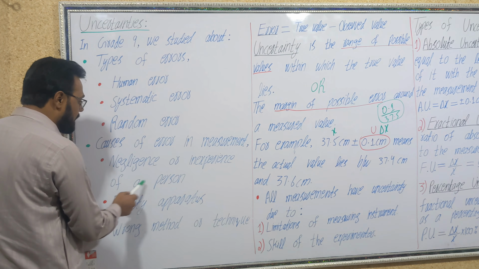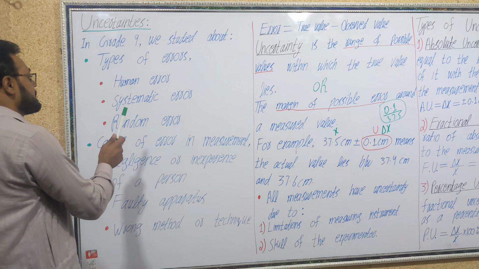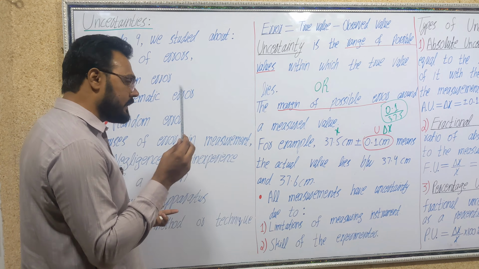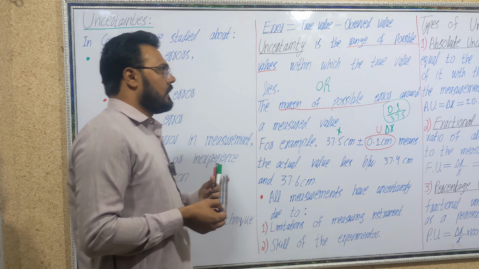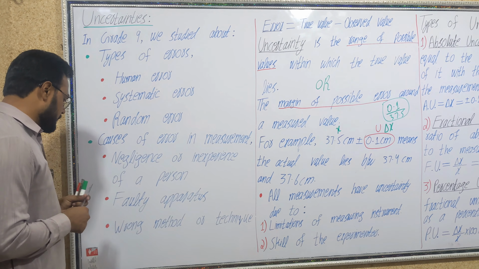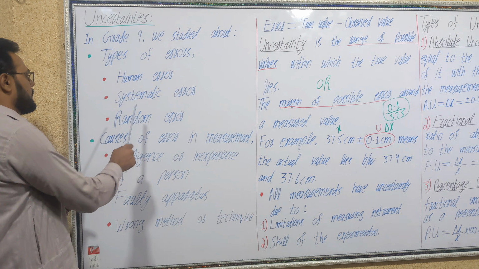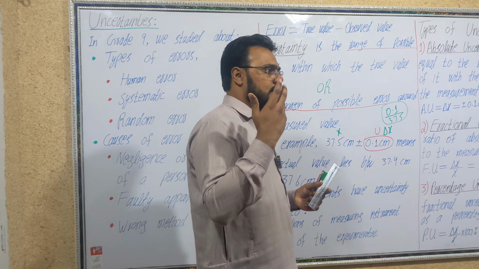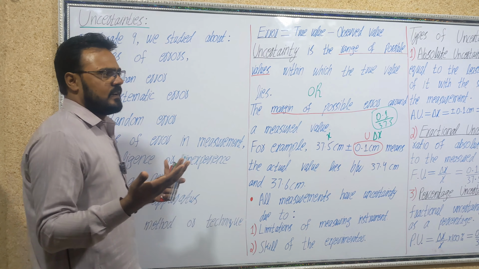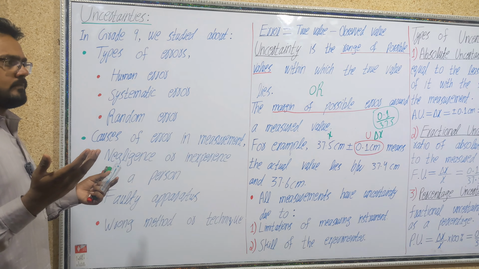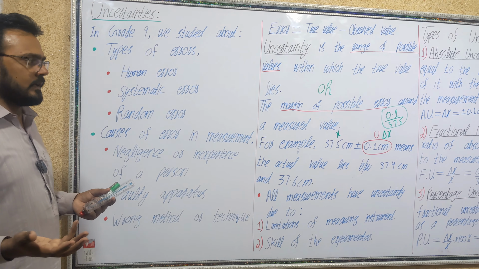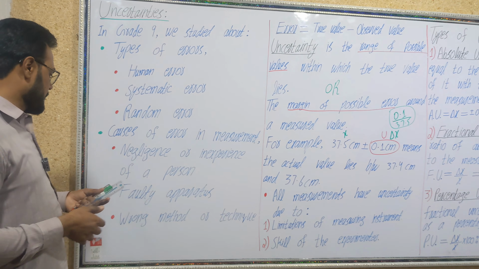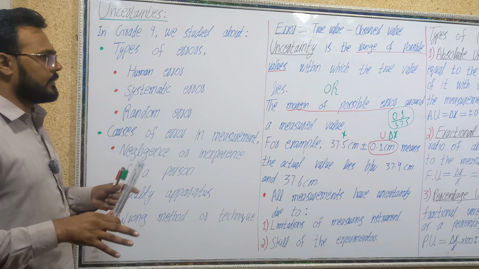Systematic error occurs because of a faulty apparatus or wrong method or technique. Random error occurs because of any random change, for example, change in temperature, change in airspeed, etc. We already studied this in the previous class.